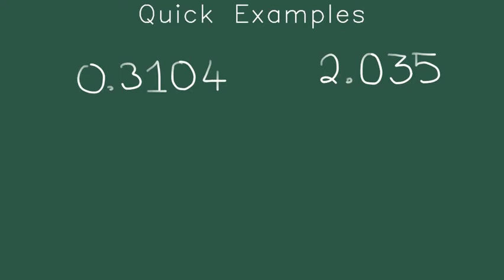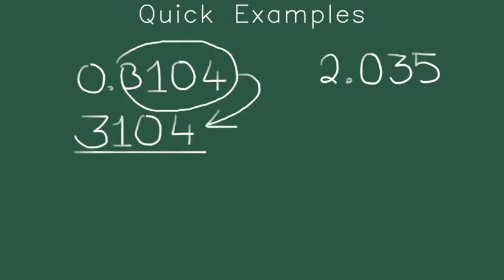Let's look at two examples side by side over here. Now let's say you're given the following two numbers and you're trying to convert them into fractions, okay? So the first thing that you're going to do is put the entire number over on the a side. Let's say we start with the left hand one first. So we're going to put 03104, which just equals 3104.